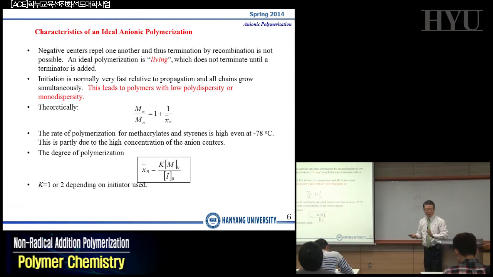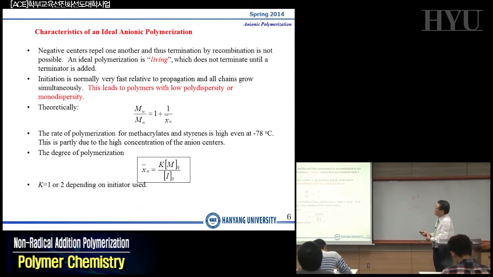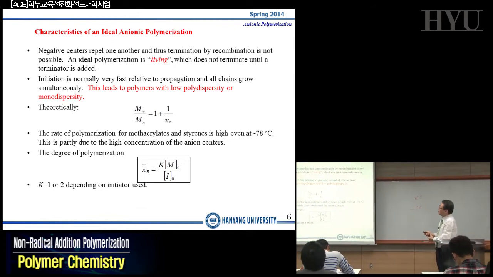And if I recall, negative centers repel one another, therefore termination by recombination is not possible. It's because you have negatively charged chain ends, so it's not possible to combine them by combination or disproportionation reactions, just like what we have seen in radical polymerization.